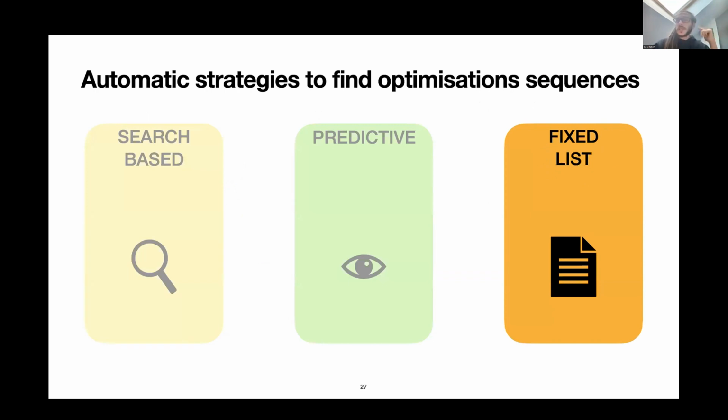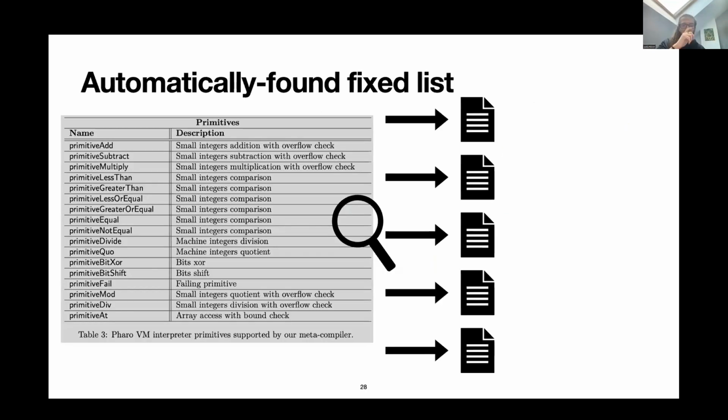We come back to the idea of sharing the same sequence of optimizations across many primitives. So what we did is, we run the first strategy, the search-based strategy, with all the primitives, and generate all the sequences of optimizations, and we choose the longest.